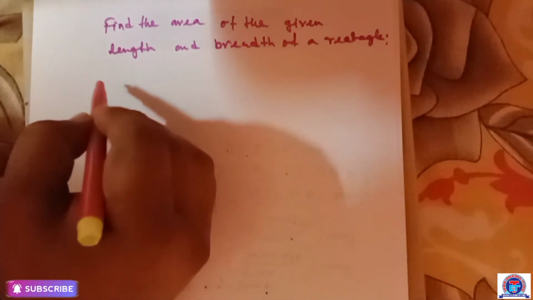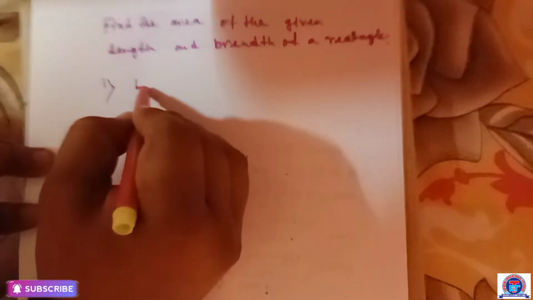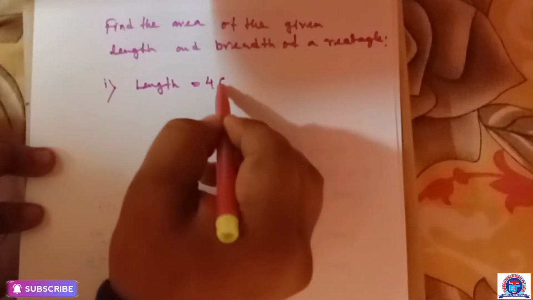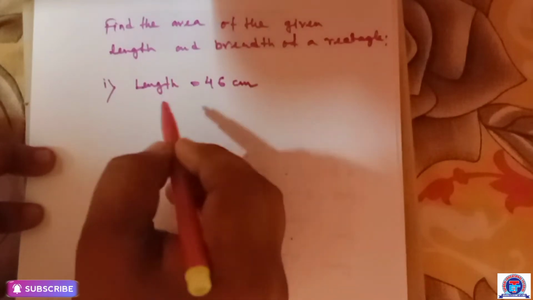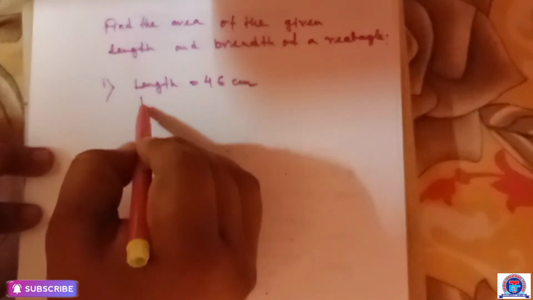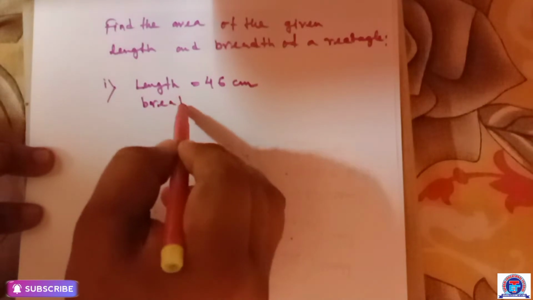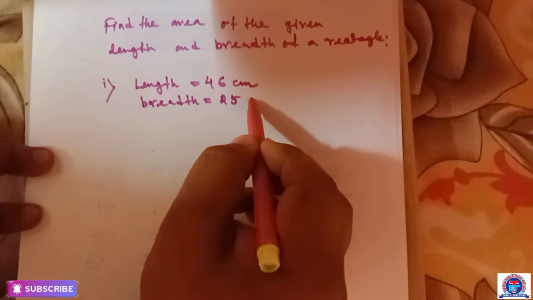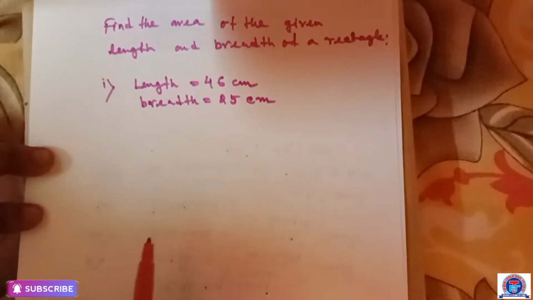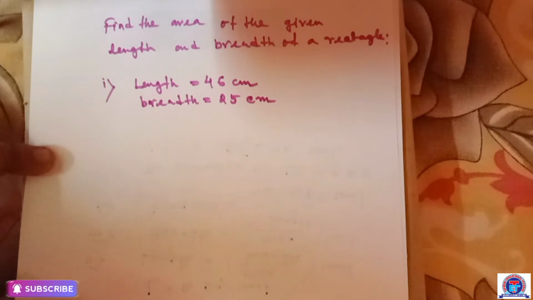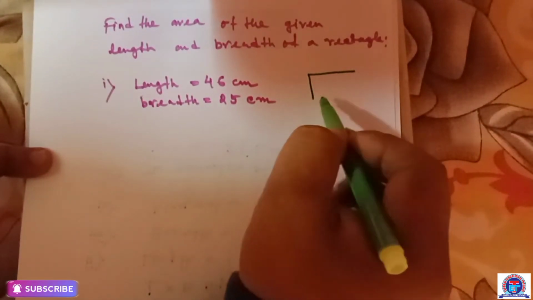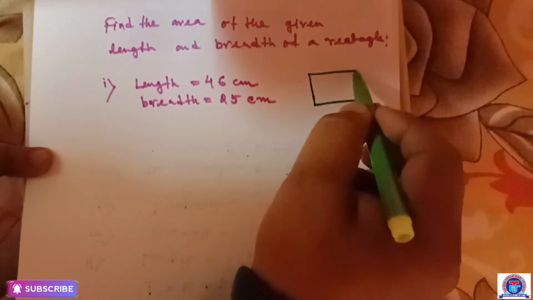So here the given length, number one, length is given 46 centimeter, okay, and breadth is given 25 centimeter. Okay, so dear student, we already learned the concept about the area and perimeter of the rectangle, right?